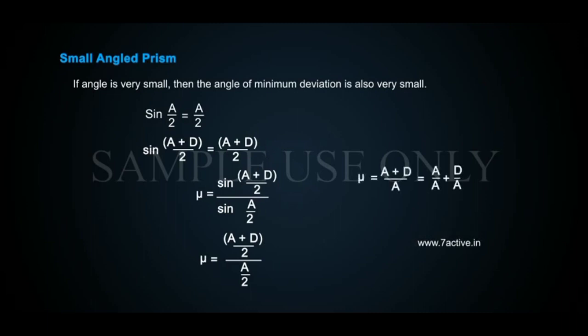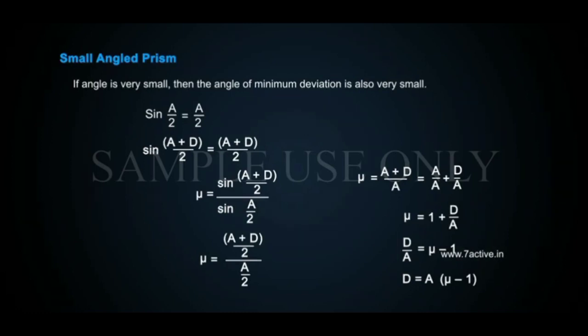Here 2 gets cancelled and we get mu equals (A plus D) by A, and mu equals 1 plus D by A. So D by A equals mu minus 1, so D equals (mu minus 1) times A, which is the deviation through a small angle prism.